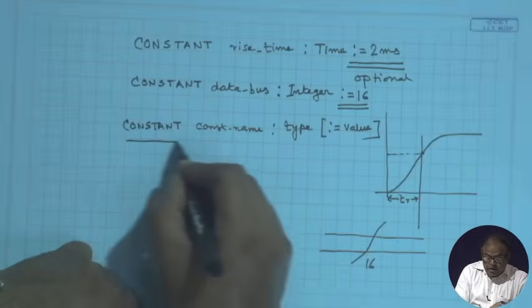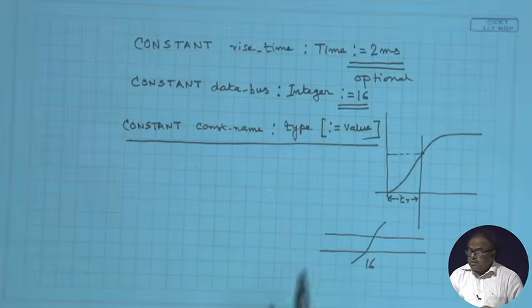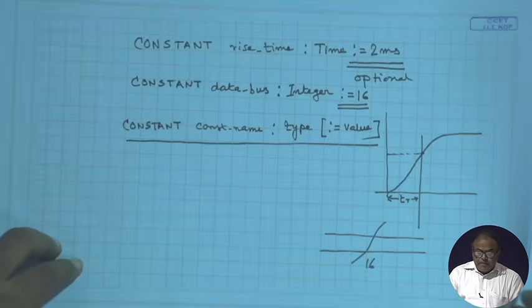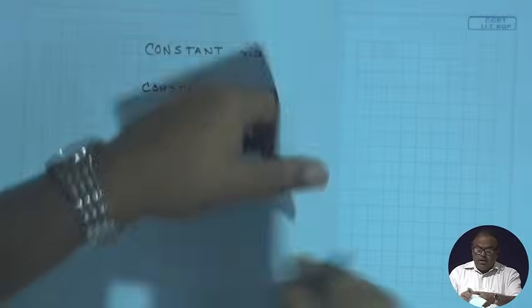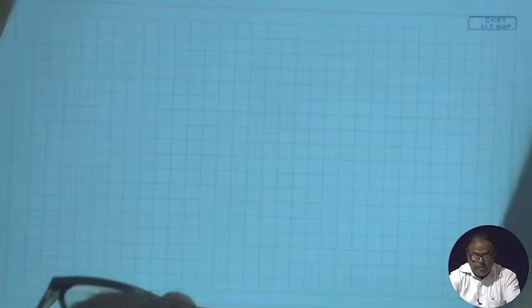So that is a generic declaration of a constant. Okay. Similarly, we can do the same thing with variables.